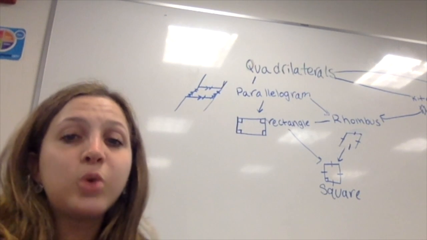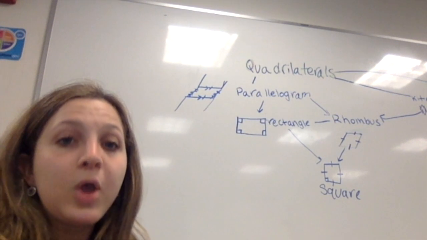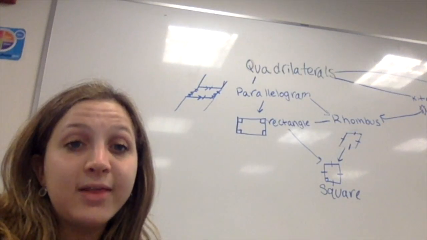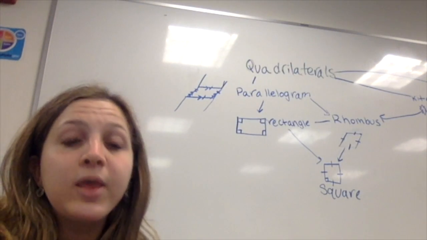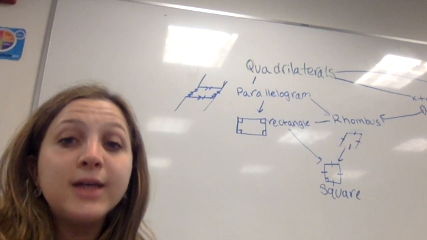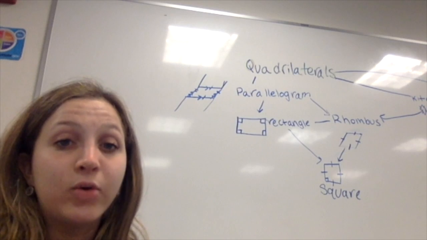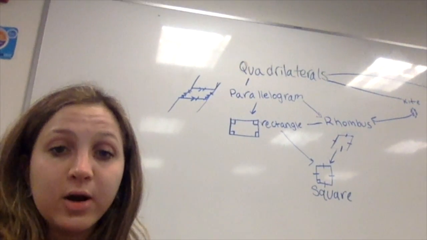A rectangle is only sometimes a square. When the sides of a rectangle are all the same length, or equilateral, then it is a square. But because it is not a defining attribute of a rectangle to be equilateral, it is not always a square.